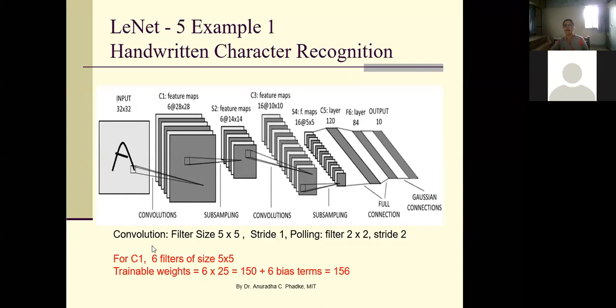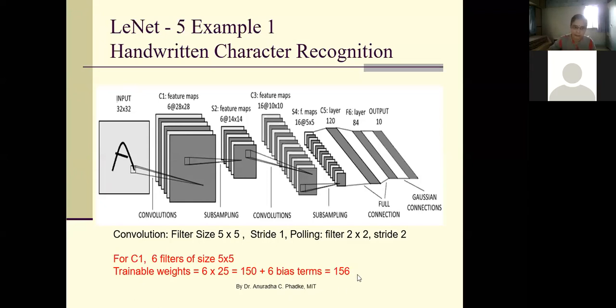As there are 6 filters, there are 6 bias terms. So total trainable weights for convolution layer C1 are 156.